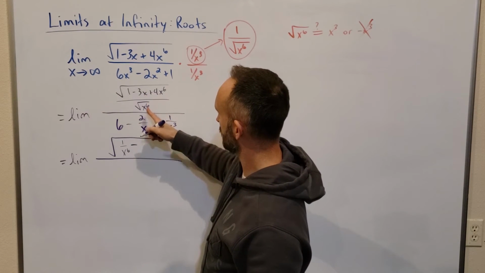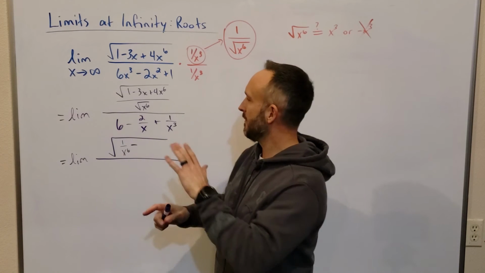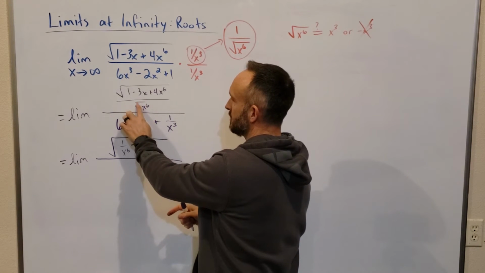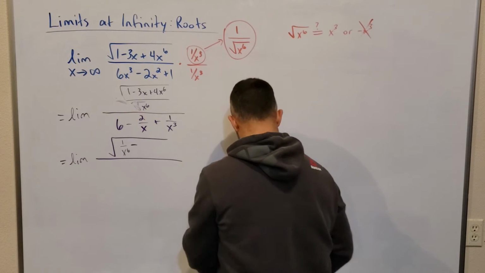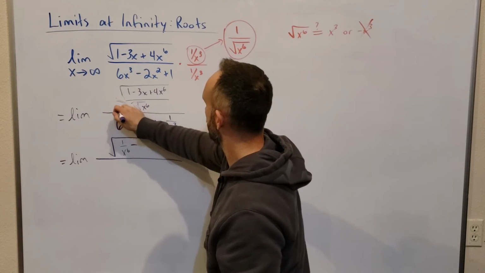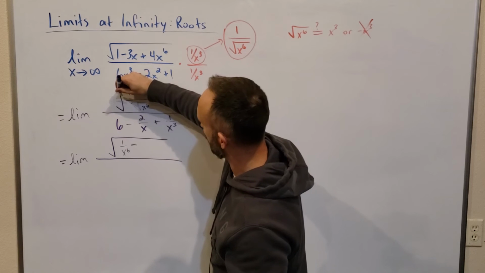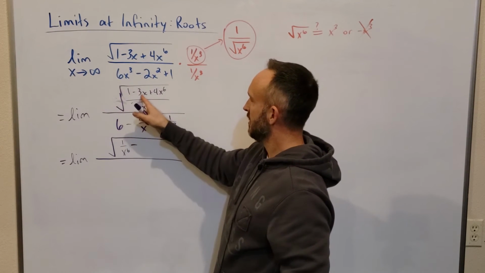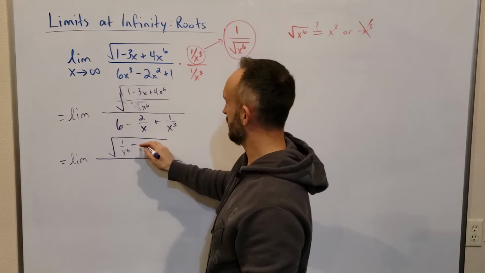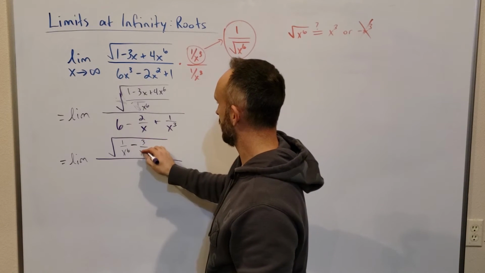If you're confused by this, what we're doing is we're simply housing all of this under one big square root, like this, because that's how you divide two square roots. So I've got 1 over x to the 6th. Negative 3x over x to the 6th turns into negative 3 over x to the 5th.